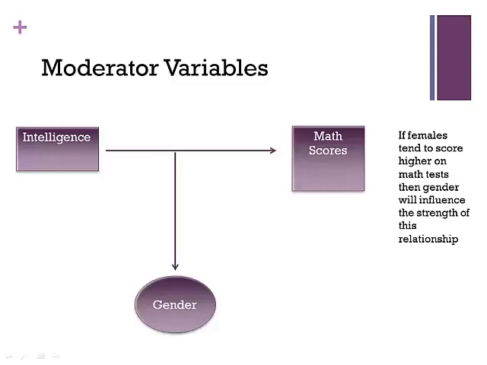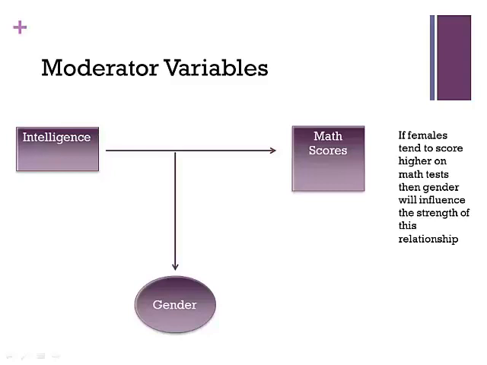So now we have another variable that influences that initial relationship. Intelligence does affect math scores. It may predict math scores, but if you throw in gender, then whether a person is male or female can make that relationship stronger or weaker.